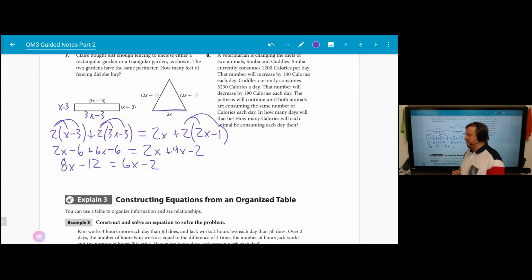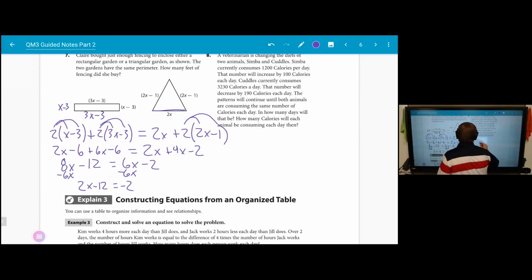I like working with positive numbers for the most part. Which side has more x's? 8x. I've got 8x here, 6x here. I'm going to subtract the smaller number from both sides. This gives me 2x minus 12 equals negative 2.